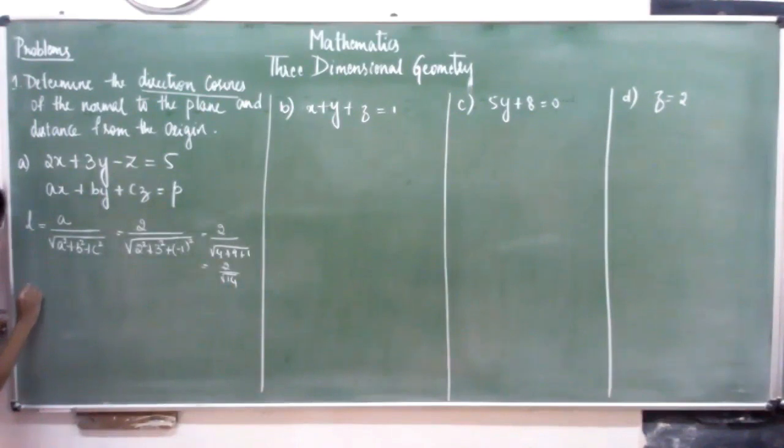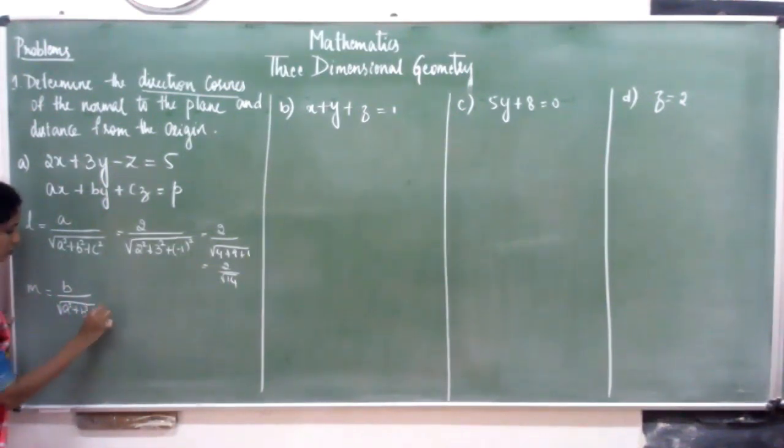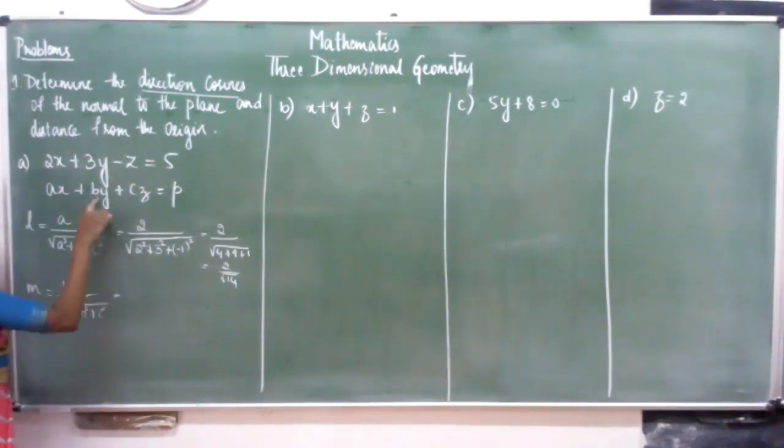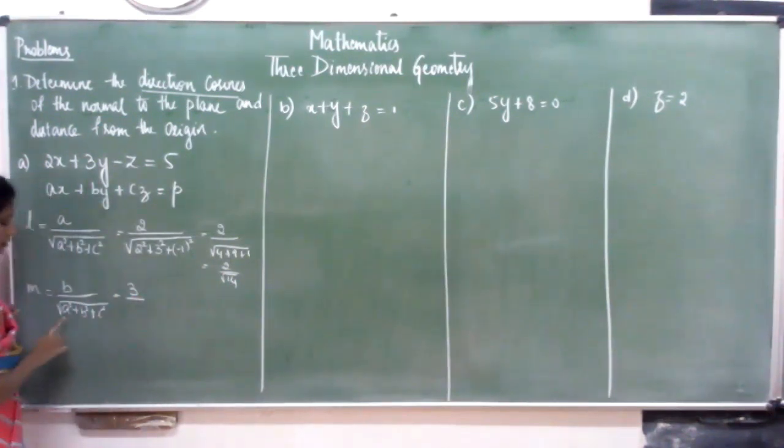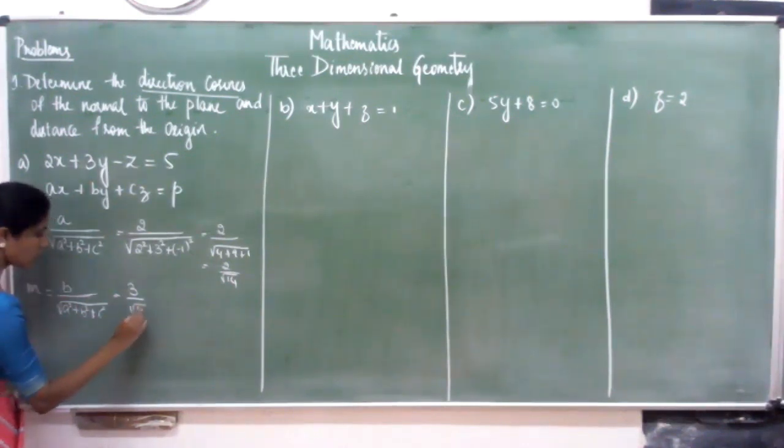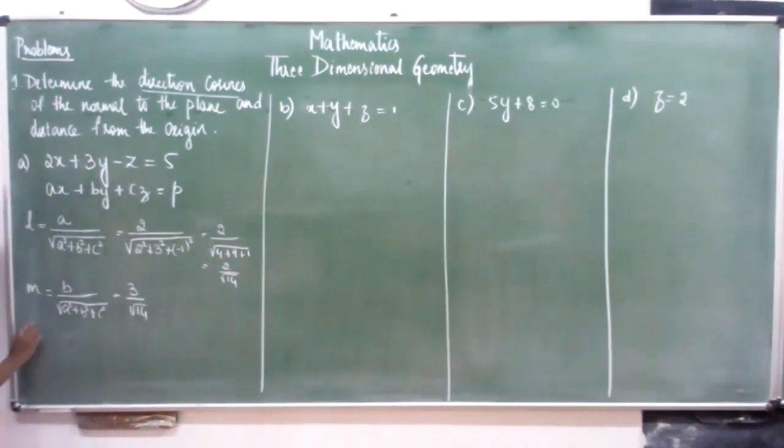Okay, next. What is the value of M? M will be given by B divided by root of A square plus B square plus C square. The value of B is 3, and we already found the value of root of A square plus B square plus C square, so M is 3 by root 14. Now can you directly tell me what N is?